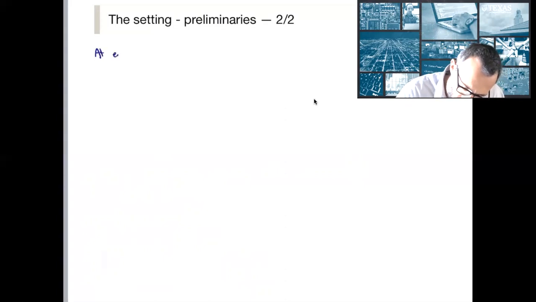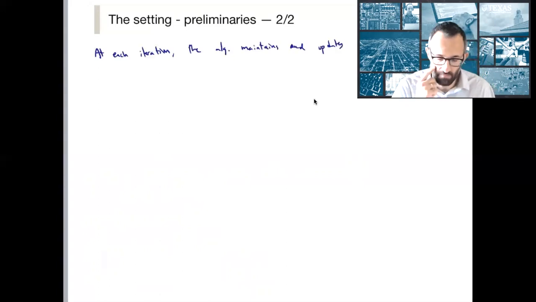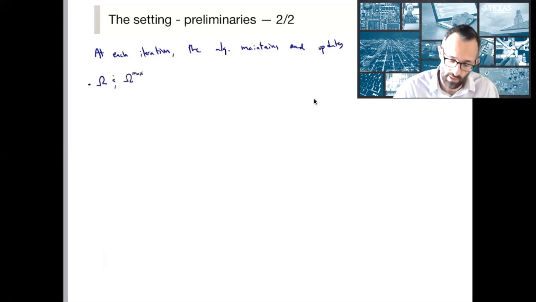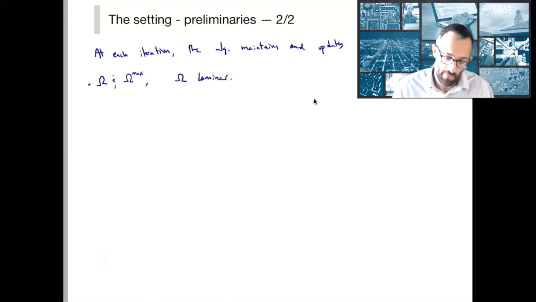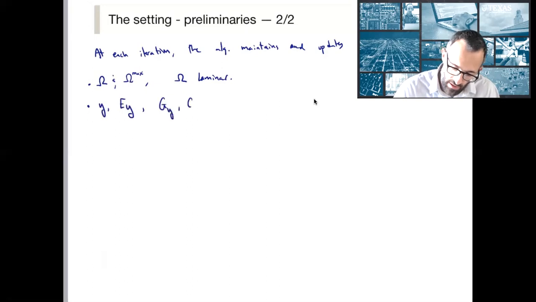So at each iteration, the algorithm, which we have yet to present, maintains and updates the following: omega and omega max, which we've discussed. And as always, it has to maintain it such that omega must remain laminar. Of course, it updates y and Ey, and therefore Gy and G dash.